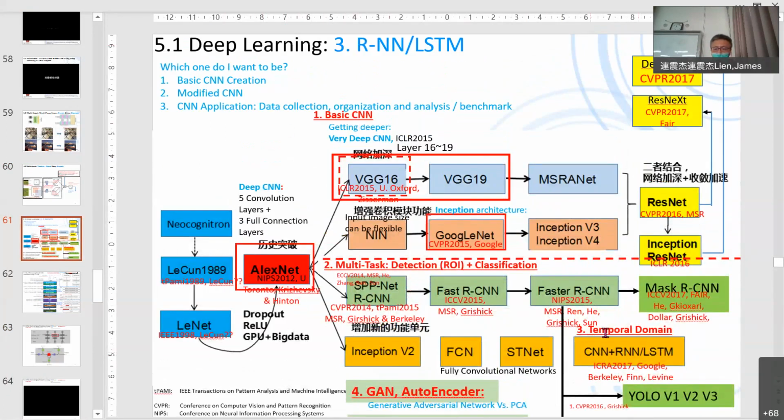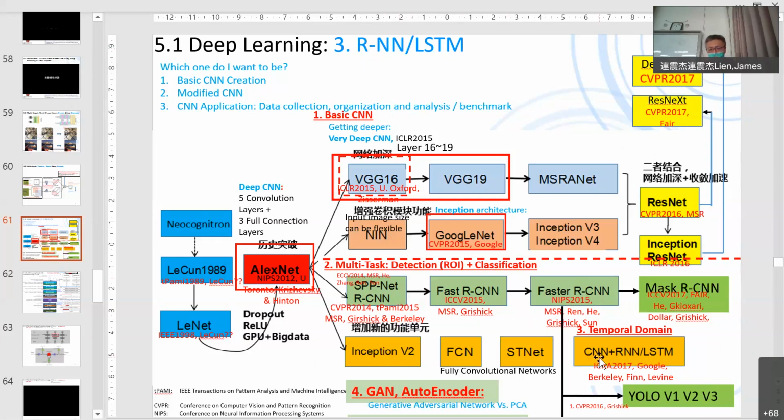RNN and LSTM here. It's the temporal domain, 跟时间有关的。我们之前讲的都是单张 image，现在讲的是 with some relationship with the temporal. Okay, so one way is an RNN. R is recurrent, and this is different from RCNN. This is a region convolutional neural network, and this is a recurrent network, RNN or LSTM.